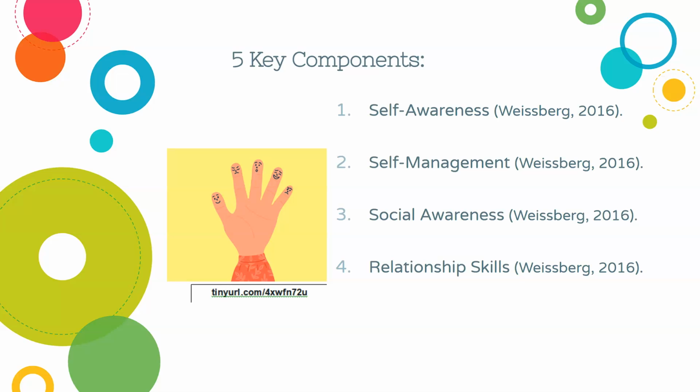That is how they communicate with each other, how they solve conflicts, listening to their peers, and acting appropriately with others. Lastly, number 5 is responsible decision making. That is making good choices that impacts not only themselves but others, and making sure that those choices are the safest choice and the best choice that they can be making.